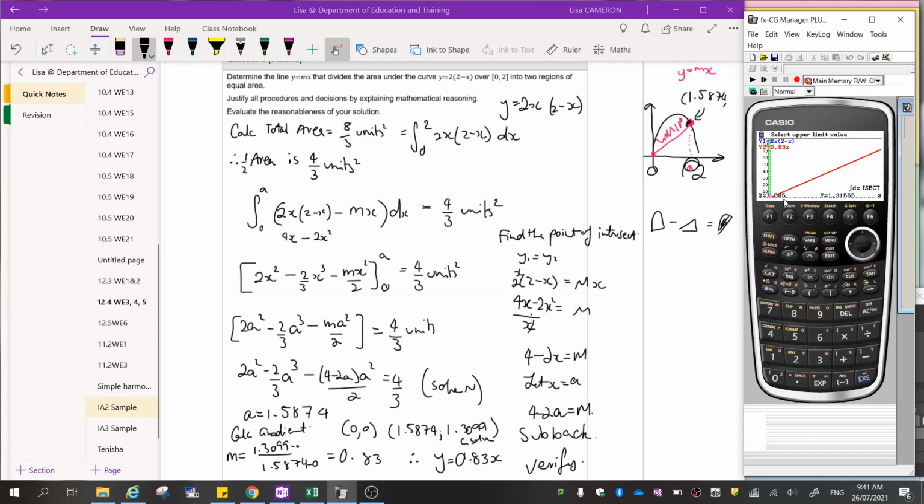The next one will be at that next coordinate. So you can see there's x, there's y, execute, and the answer to this should give me half of the area from above. Now I've got a slight rounding error because I haven't used exact values, but you can see it's pretty close to being 1.333 recurring, which is 4/3 units. So verified, I would explain what I just did there.